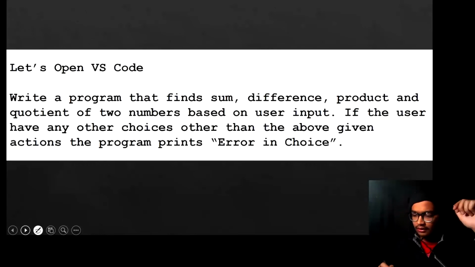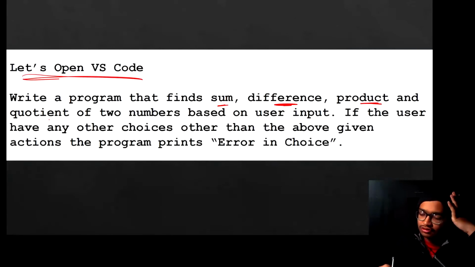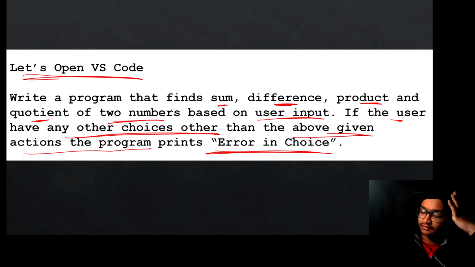Okay, so here we have the question which says write a program that finds sum, difference, product and quotient of two numbers based on user's input. If user has any other choice rather than the above given actions, program prints error in choice.